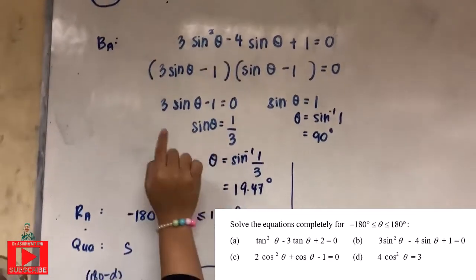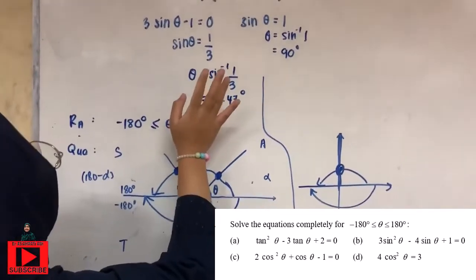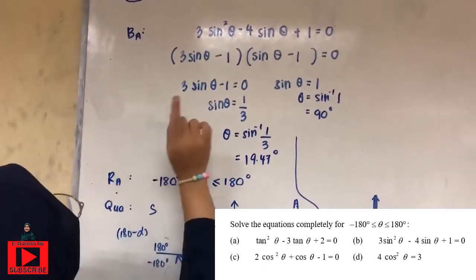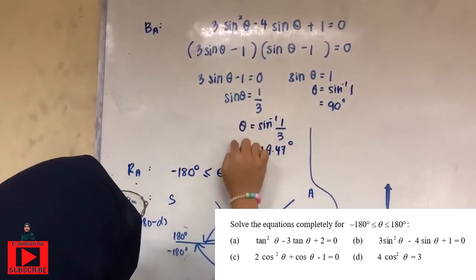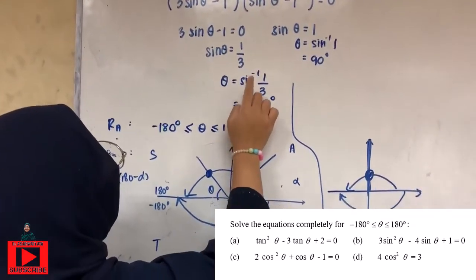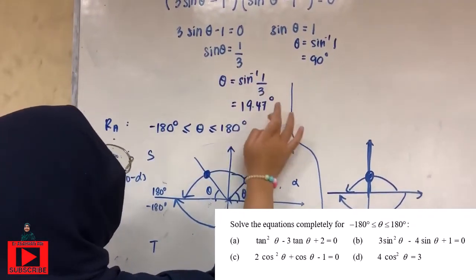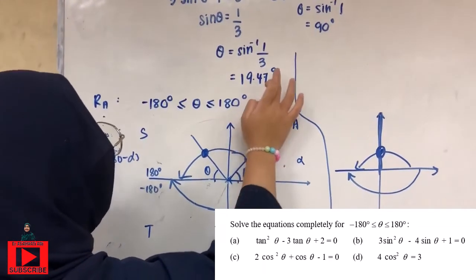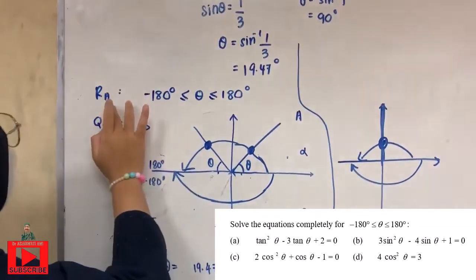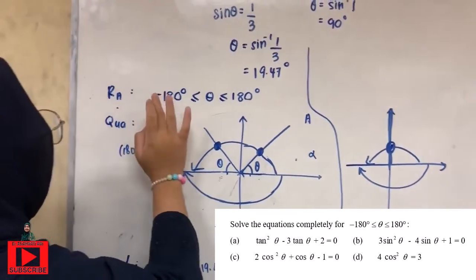First, we use the rule of BaRa-Quadri. Bar is basic angle. We find the basic angle by sin shift 1 over 3, and we get the first basic angle, which is 19.47 degrees. And then Ra stands for range.